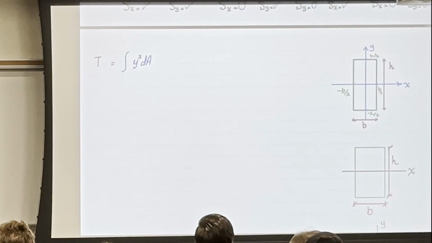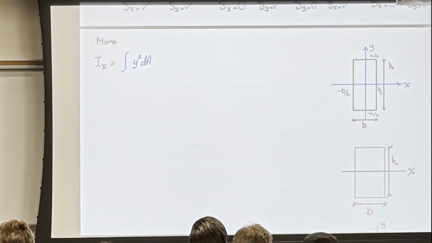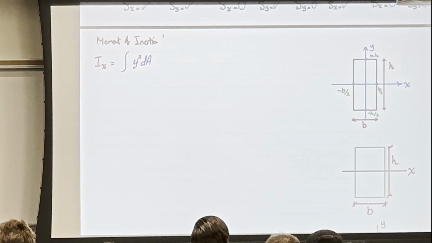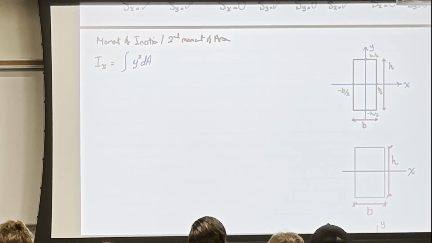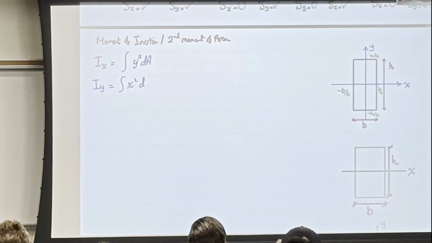This is the second moment of area about x, which is basically the moment of inertia, or also called the second moment of area. The reason why we call it second is because we have power 2. And the same thing, Iy is the integration of x squared dA.